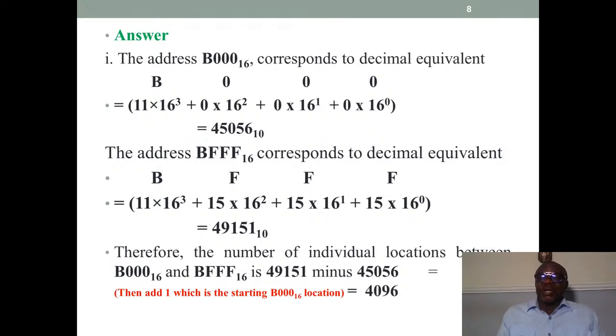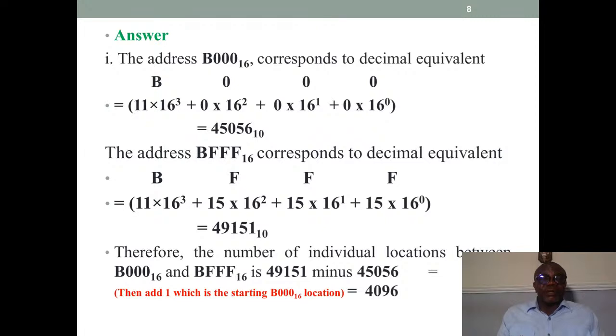Of course, we know that anything raised to power 0 is 1, so it becomes 15. Then for the other one, 16 raised to power 1, we progress to the left. At the end, we sum it. When we sum it, it gives us 49151 in base 10.